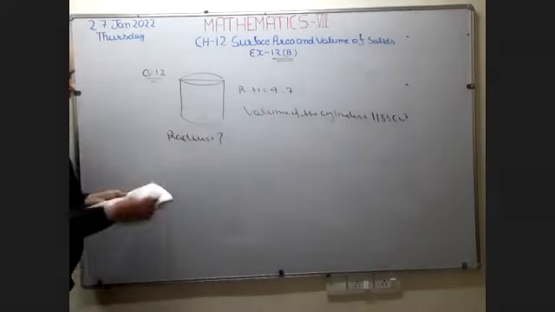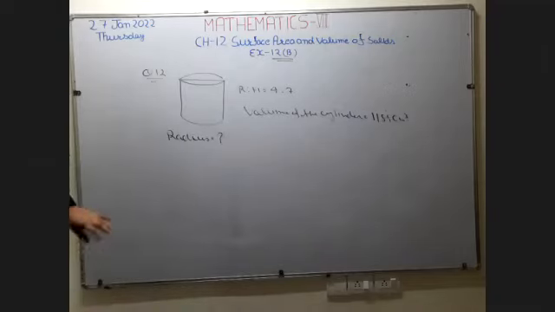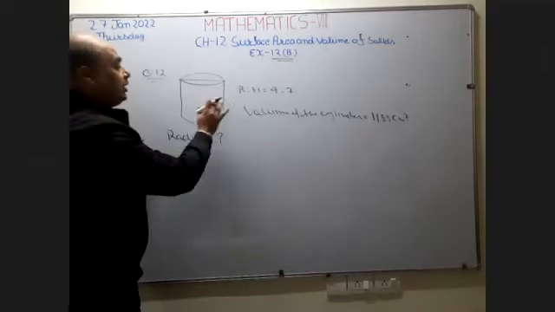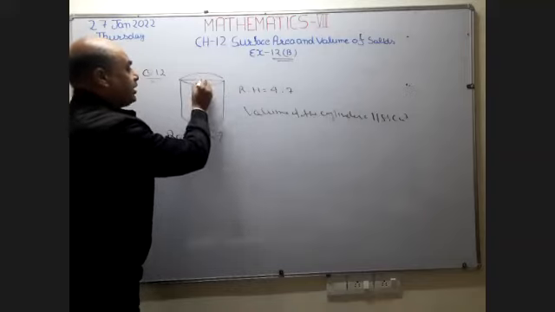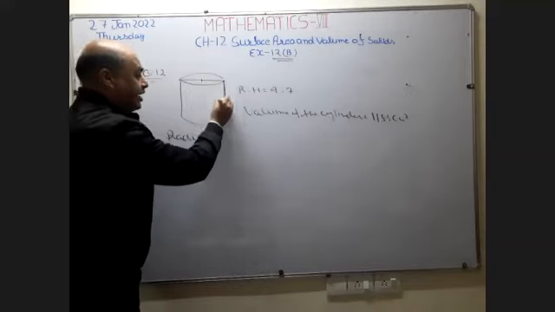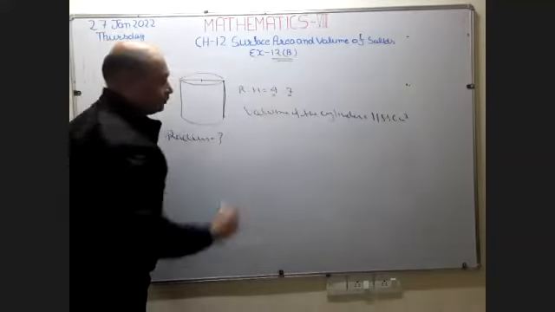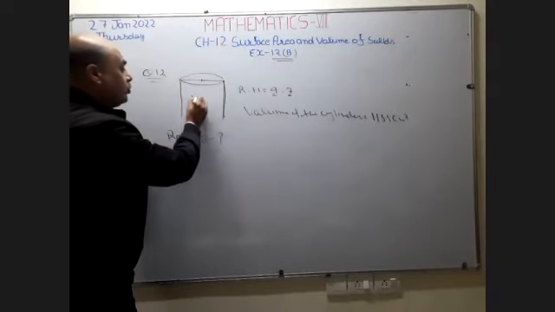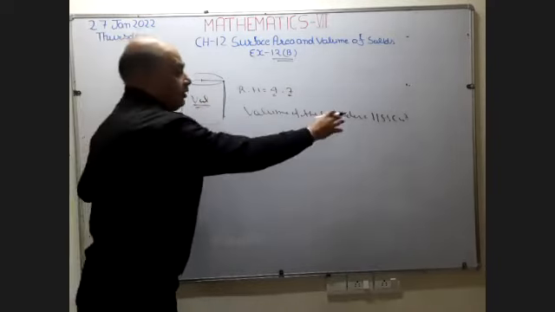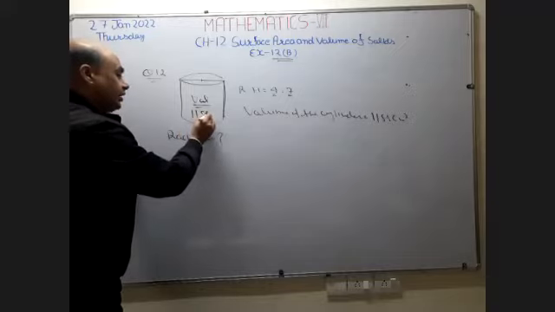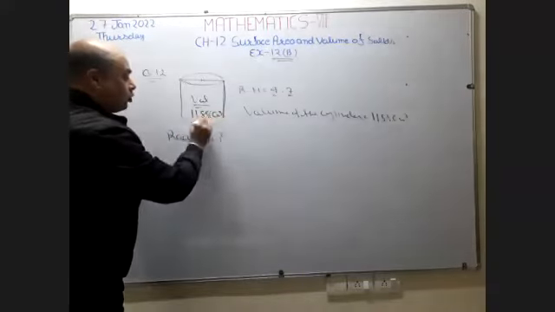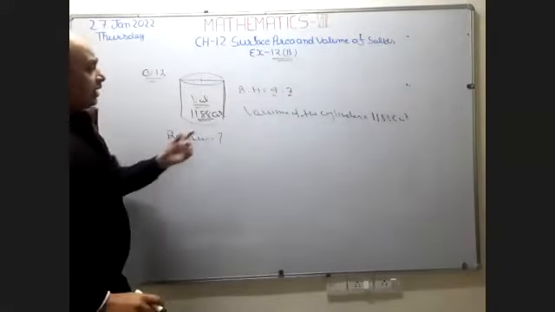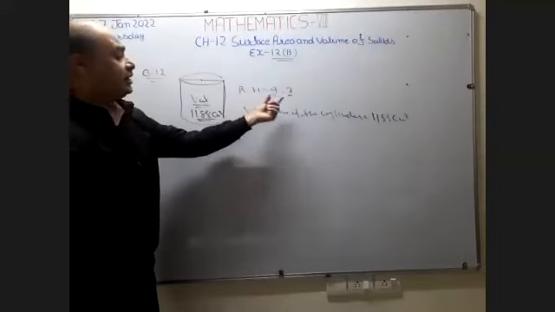So this is your question. Now check what is given. In this question, ratio between radius and height is given, 4:7. And the volume of this cylinder is given, 1188 centimeter cube. Volume of cylinder is given and the ratio of their radius and height is given.